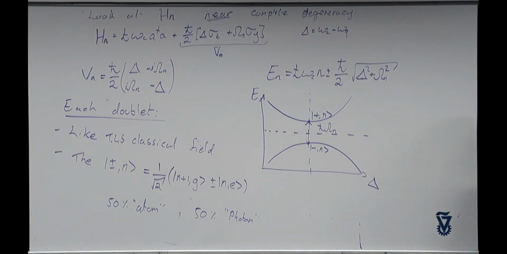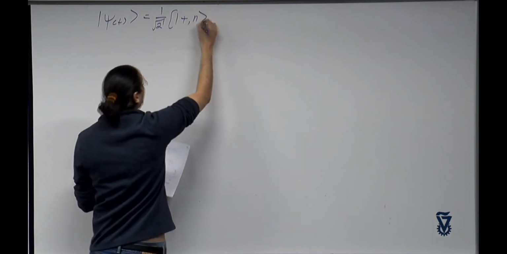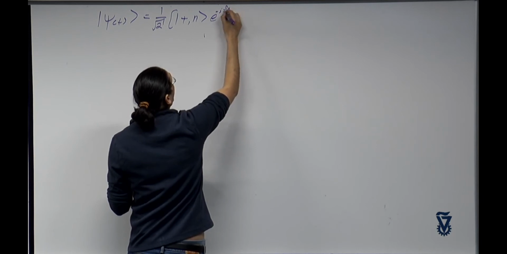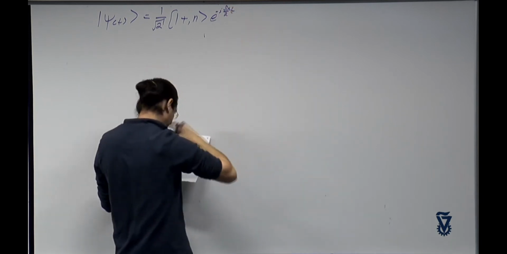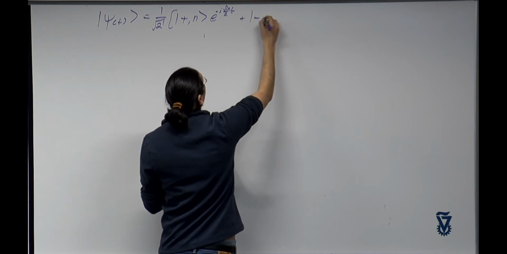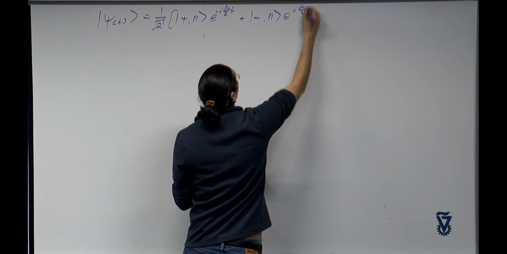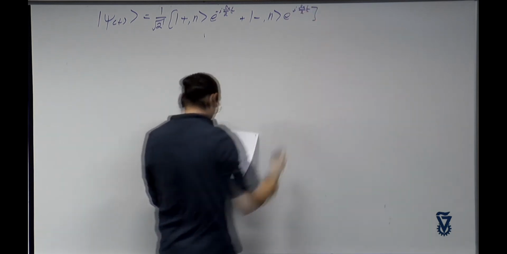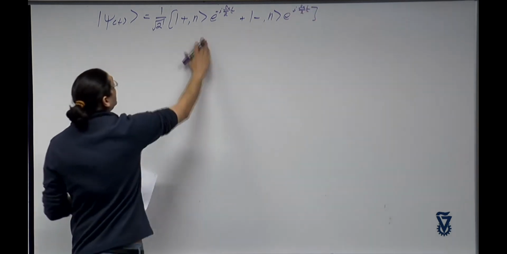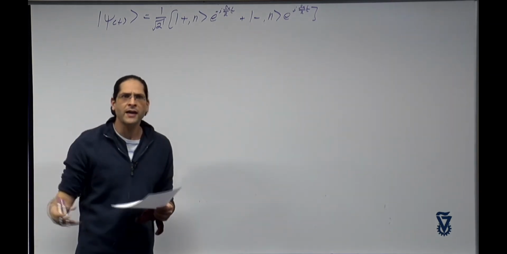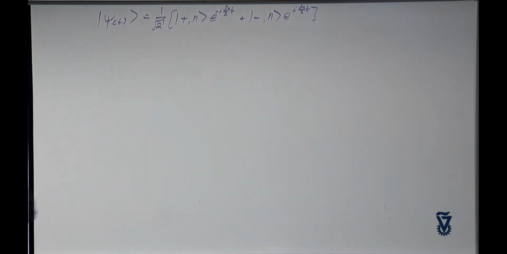And we know that we'll get some 1 over square root of 2, plus n e to the minus i omega n over 2 t, plus minus n e to the i omega n over 2 t. So plus and minus these are our steady states, and they just pick up this phase at a rate omega n.